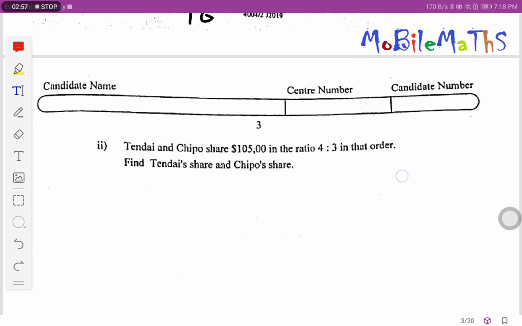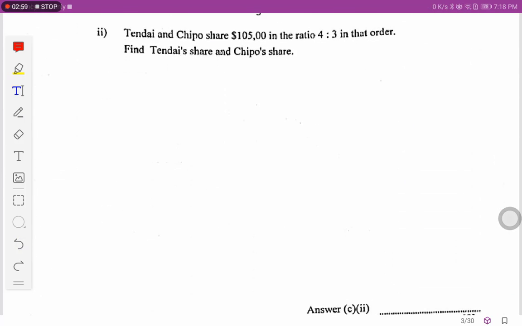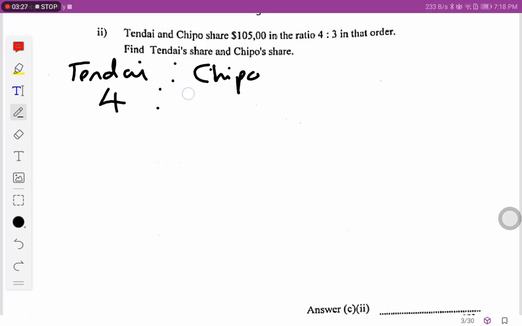Let's move on. We are now asked for Tendai and Chipo to share $105 in the ratio of 4:3 in that order. So we want to find what is Tendai's share and what is Chipo's share. Since we said it's that order, Tendai to Chipo, the ratio is 4:3.